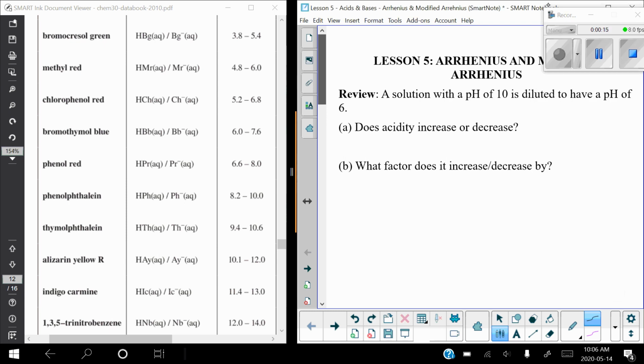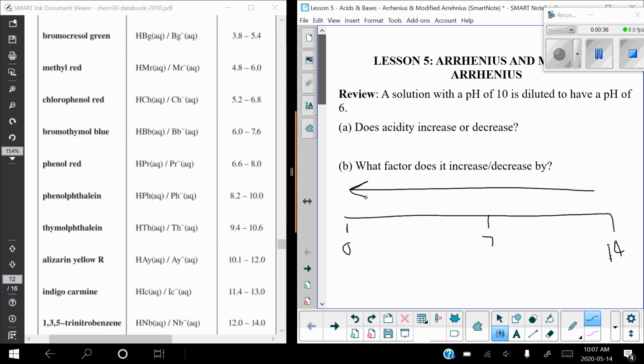The question says, a solution with a pH of 10 is diluted to have a pH of 6. Does acidity increase or decrease? So remember, on our pH scale, as the number decreases, acidity increases.